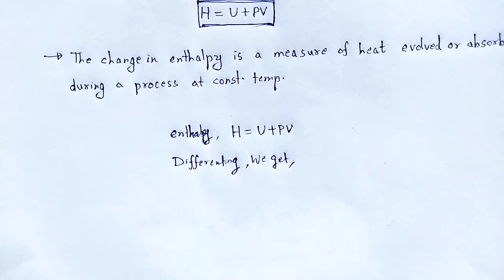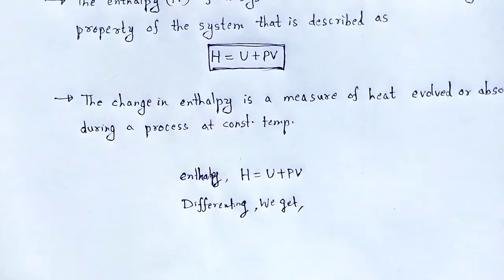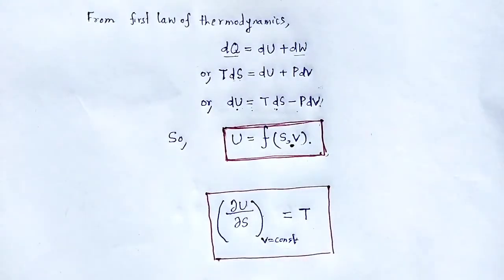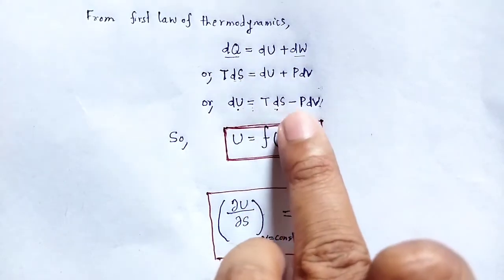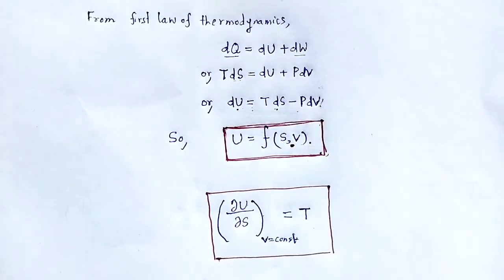This type of change in that function is denoted as the partial differential, which is also known as the exact differential or total differential. So these functions dS, dU are exact differentials, that is why we take TdS, PdV.